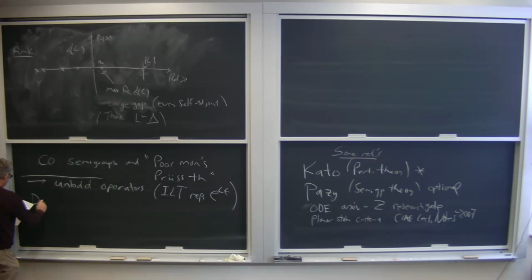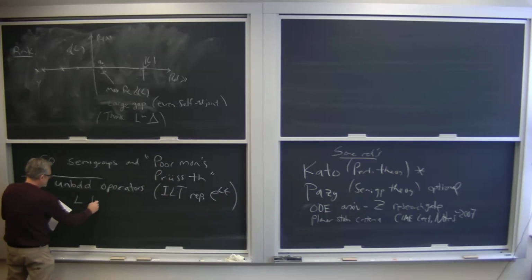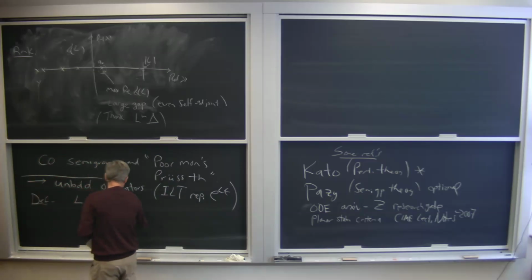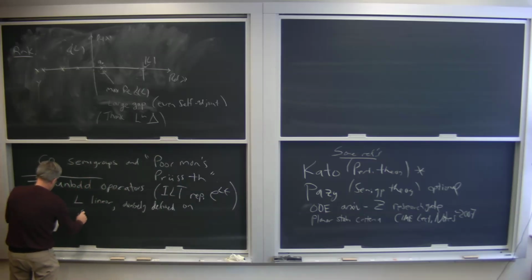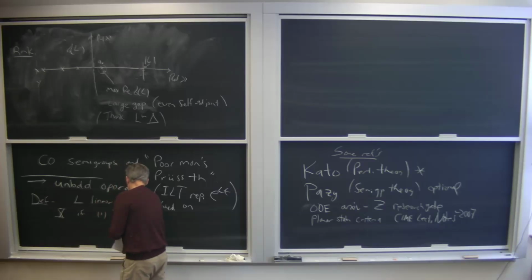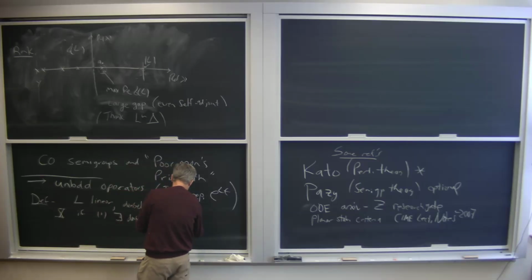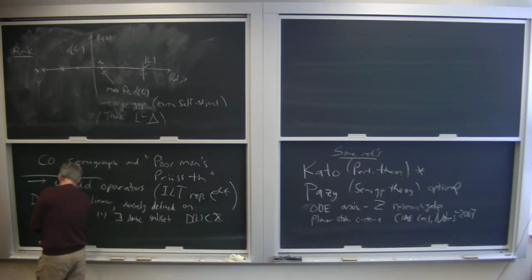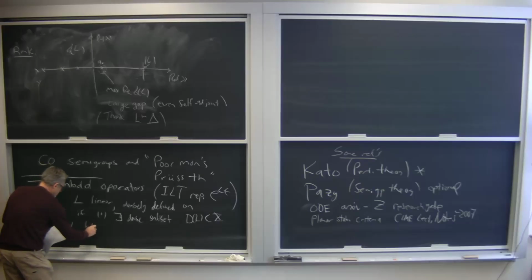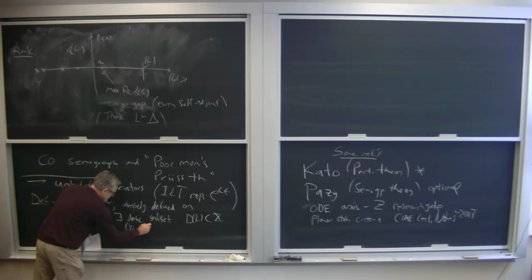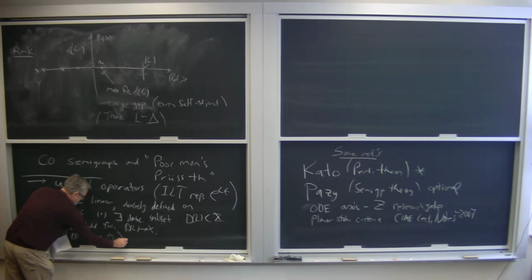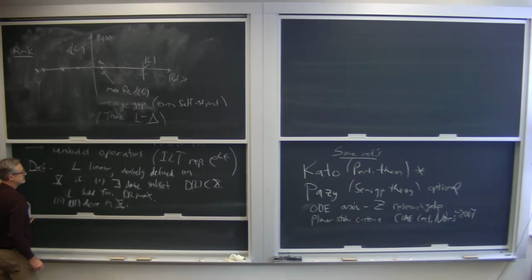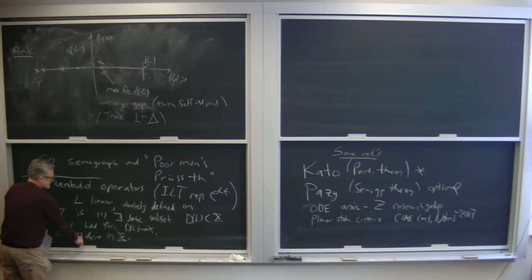So first, basic standard definition: we say L is linear and densely defined on X if, one, there's a dense subset, which will be a subspace D(L) in X, on which L is defined, and two, D(L) is dense in X.